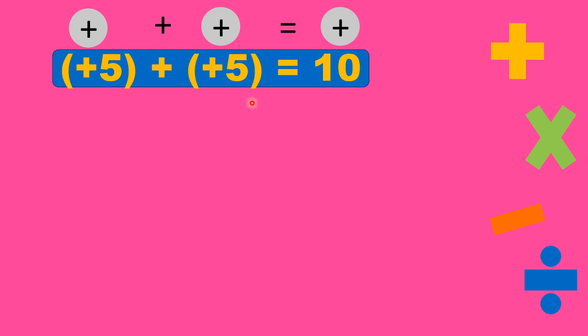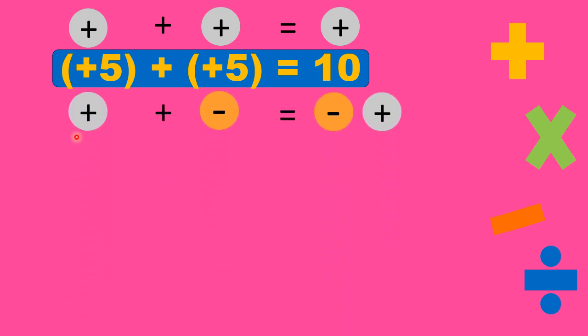We need to add the absolute values as per the rule. That means 5 plus 5 is 10. And as both the integers are positive, the resultant number will also be positive. Hence, it is positive 10 or plus 10.